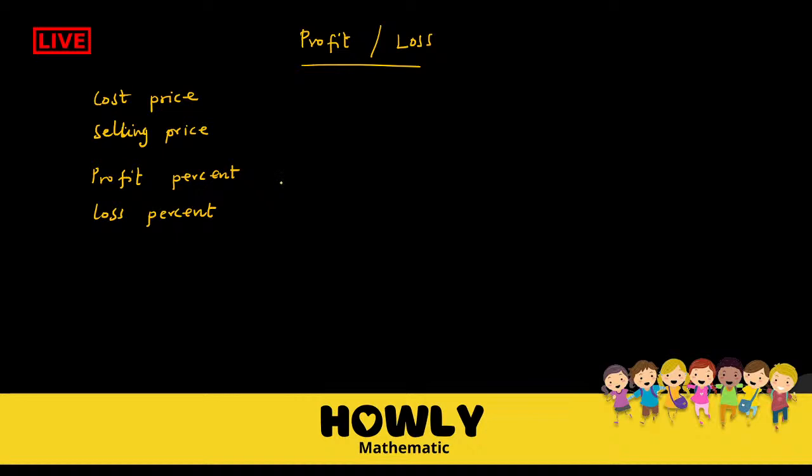Okay? So we want to look at what cost price is. Okay? So we can see that cost price is the money paid to someone to buy an item. Okay? Cost price is the money paid to someone in order to buy.